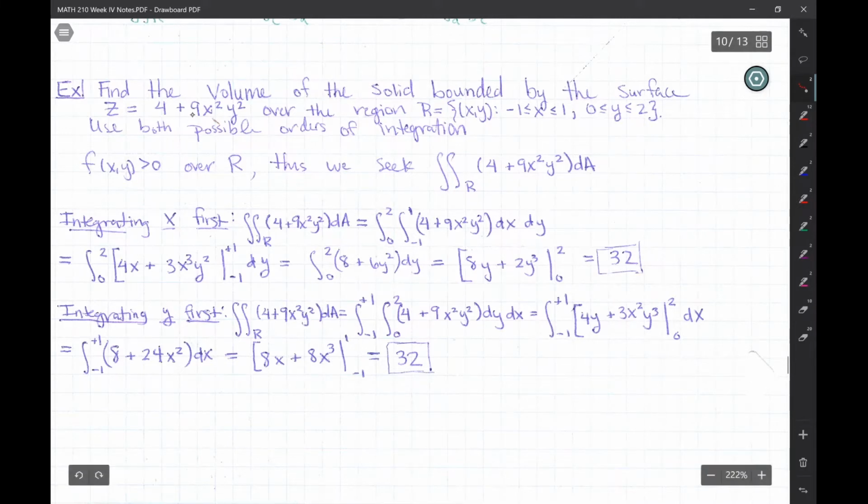This surface stays above the region R, so it stays above the XY plane, because it's strictly positive over R. So we have no complications of the function dipping below the region R and having a negative value. So all we have to do is compute the double integral to get that volume. Now, that's not to say that you can't get a negative volume. You can.